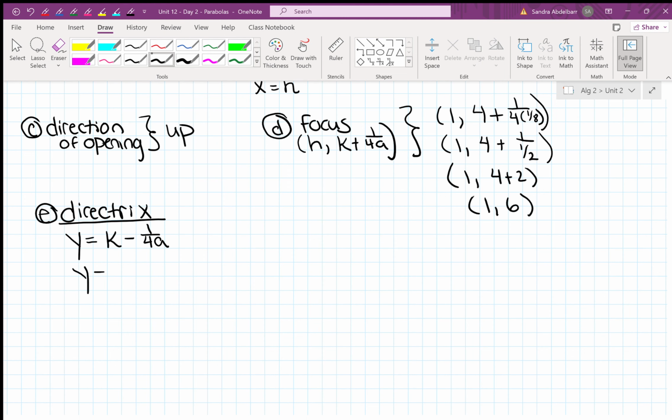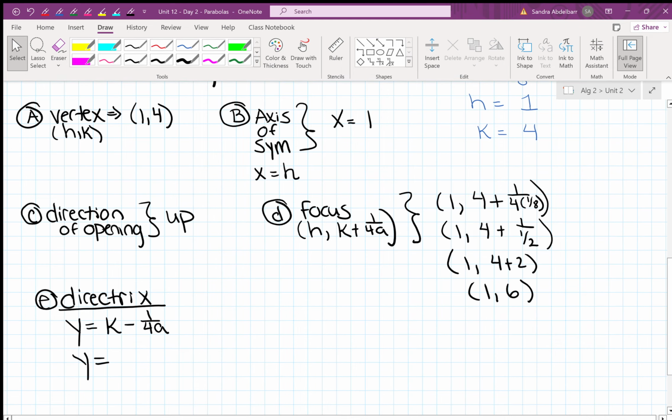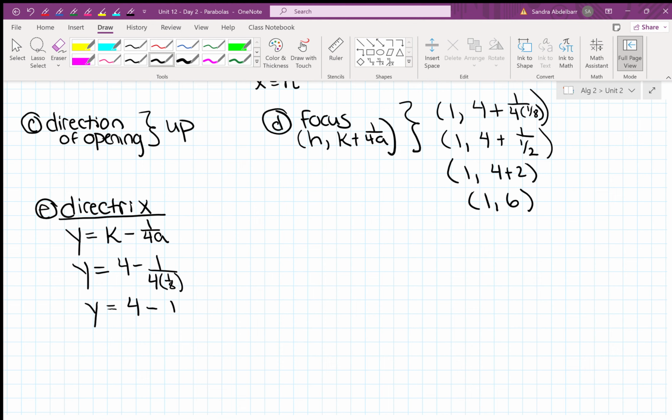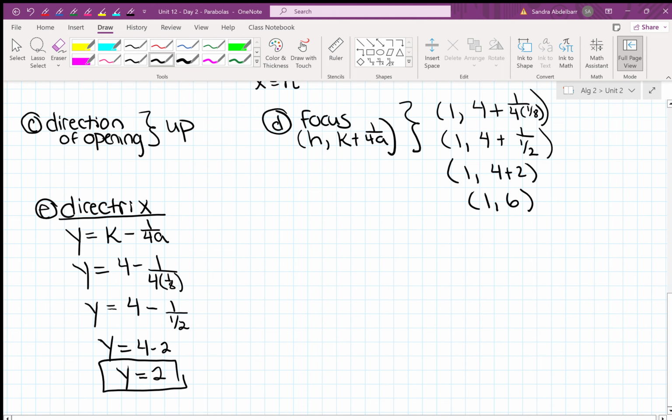We're going to have y equals, our k is 4, minus 1 over 4 times 1/8. Well, we just did this. So this is 4 minus 1 over a half, but what was 1 over a half? 2. So 4 minus 2 is 2. So this is the line y equals 2.